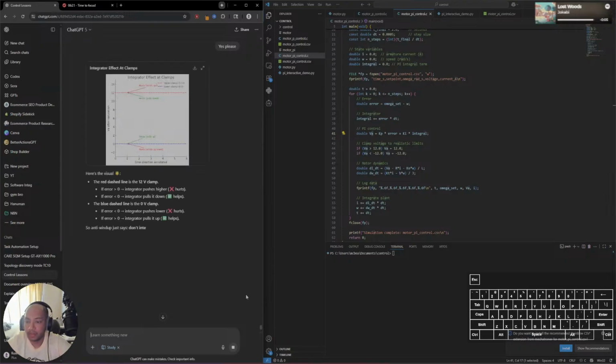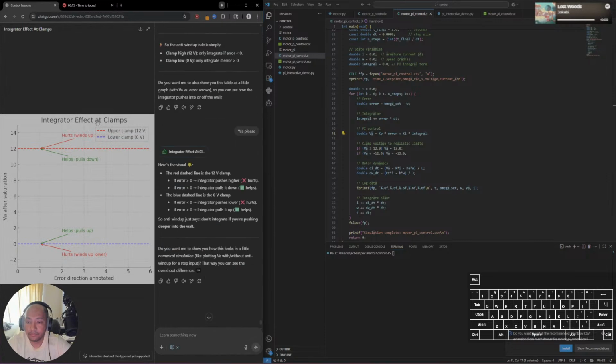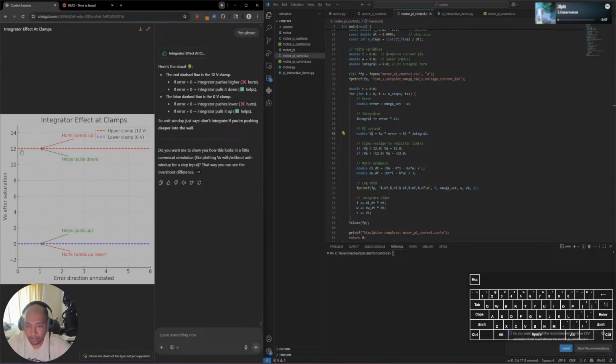Okay. Let's see. So, I'm at 12. Upper clamp 12, lower clamp 0. It winds up, helps, pulls down.